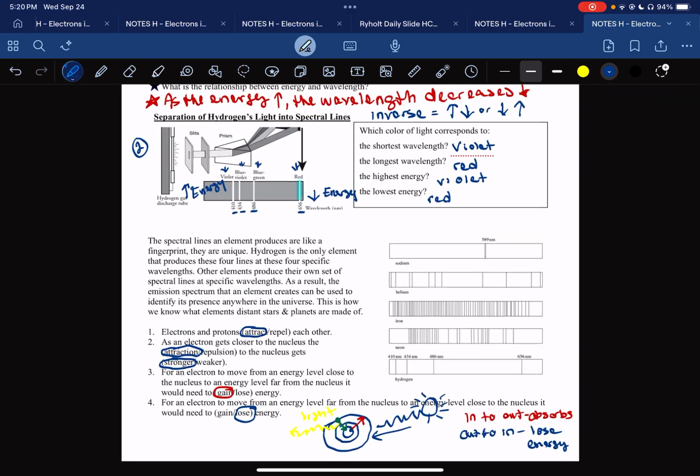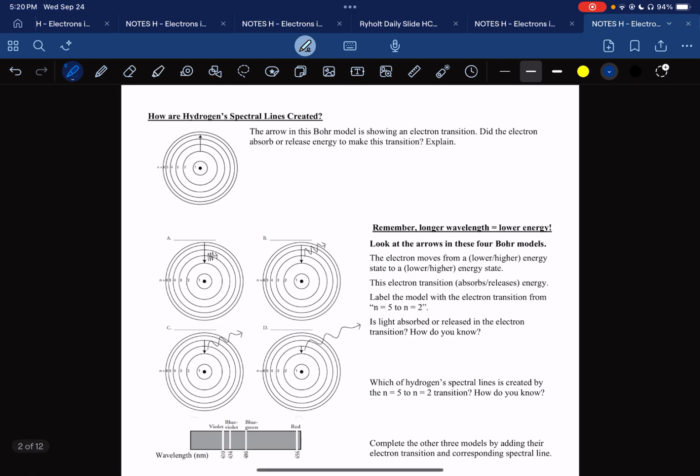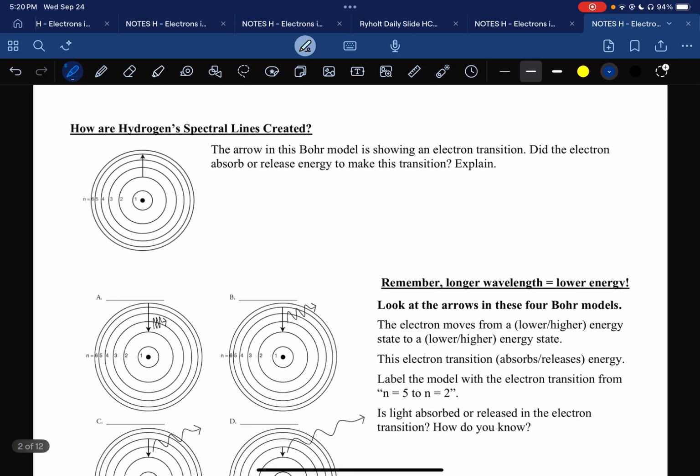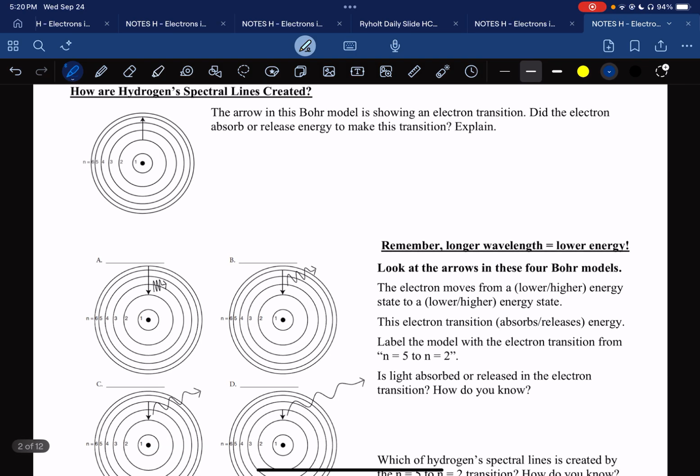Okay, so let's move on. It says, how are hydrogen spectral lines created? Here we have Bohr diagrams, and all of these Bohr diagrams are of hydrogen. It says the arrow in this Bohr model is showing an electron transition. Did the electron absorb or release energy to make this transition?